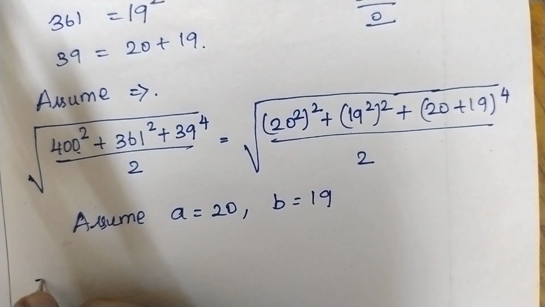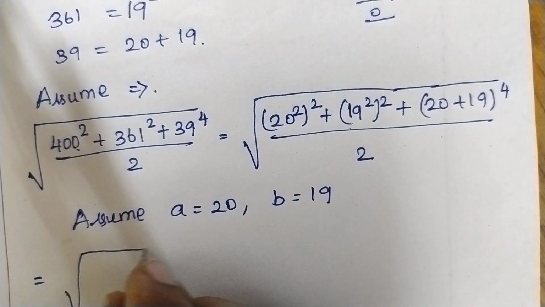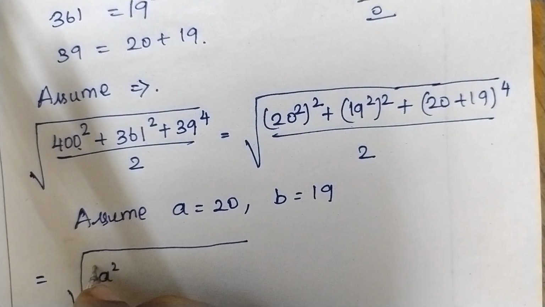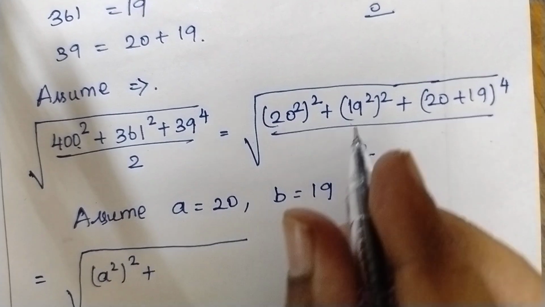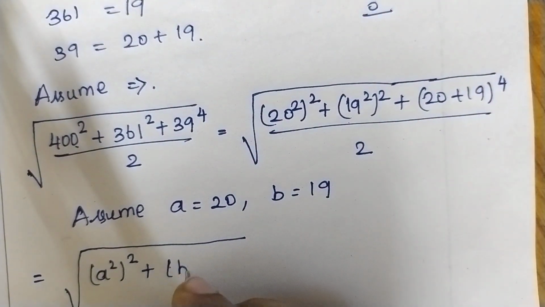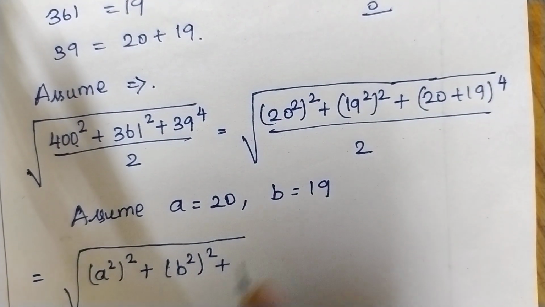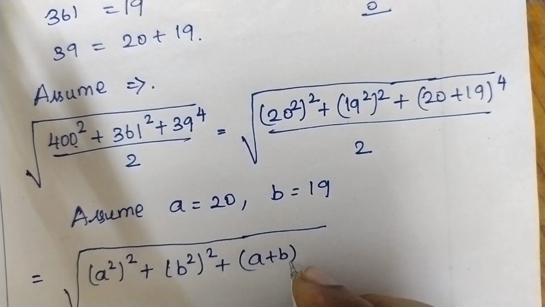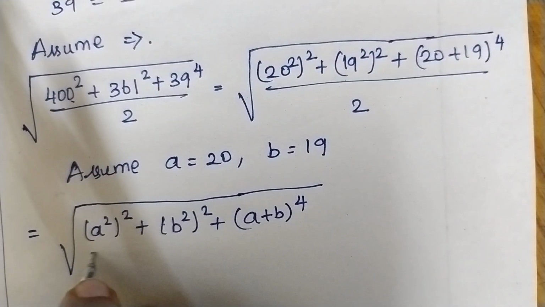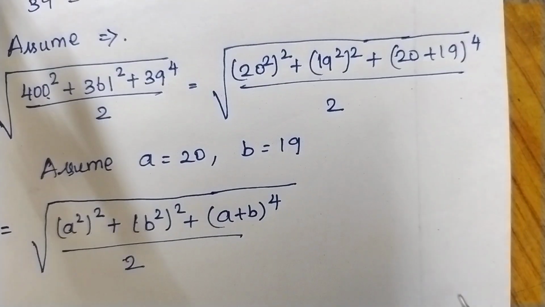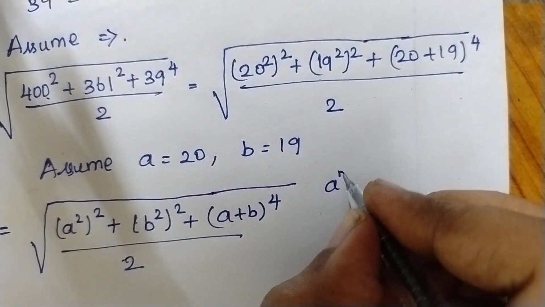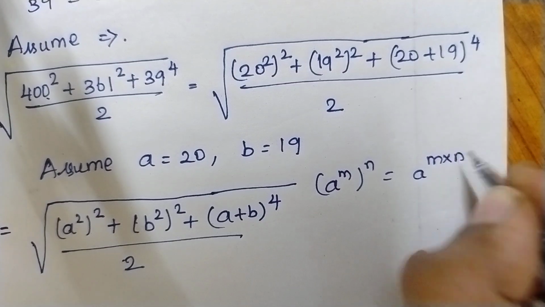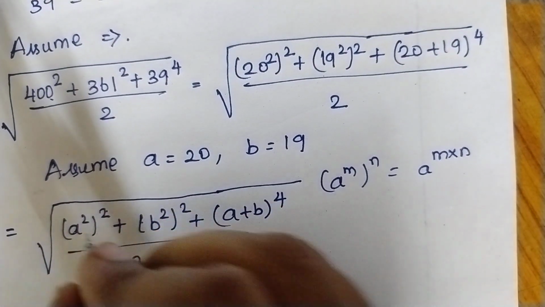Therefore this becomes G is equal to the square root of A square the whole square plus B square the whole square plus A plus B the whole power 4 by 2. Okay. So we know that A power m, the whole power n can also be written as A power m into n. So we apply this here.